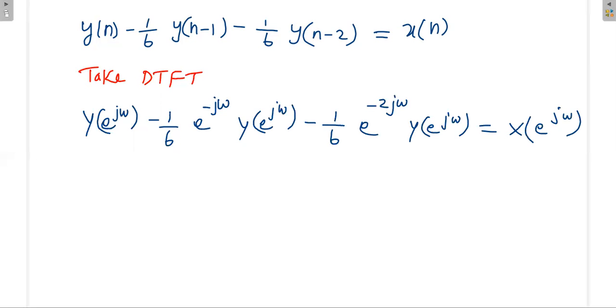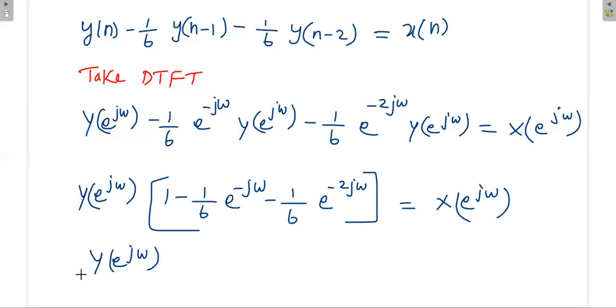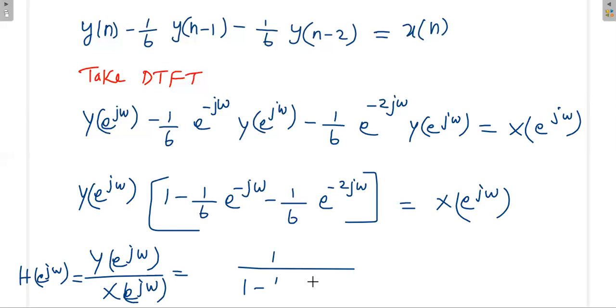Just take Y of e power j omega separately. We'll get 1 minus 1 by 6 e power minus j omega minus 1 by 6 e power minus 2j omega, times Y of e power j omega, is equal to X of e power j omega. So Y of e power j omega divided by X of e power j omega is equal to H of e power j omega, that is 1 by 1 minus 1 by 6 e power minus j omega minus 1 by 6 e power minus 2j omega.